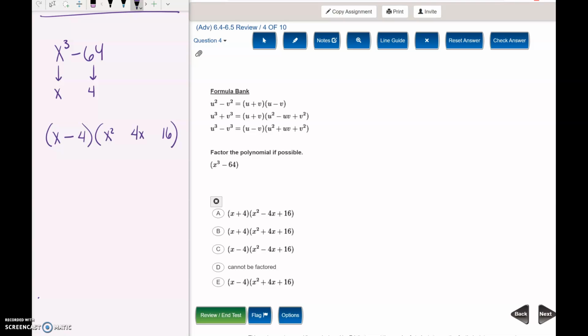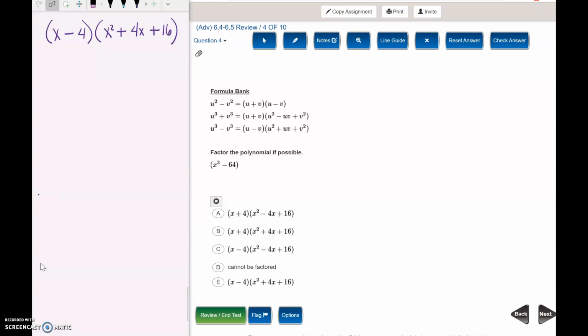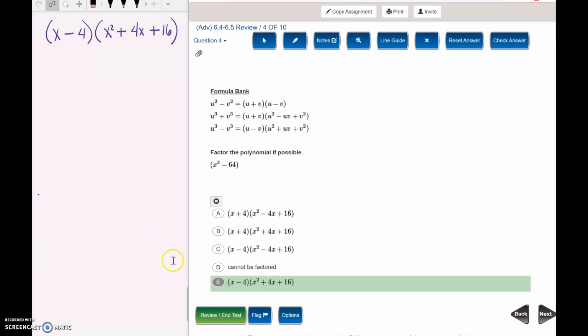The first symbol always matches what you started with. So since it's difference of two cubes, it's going to be x minus. The next symbol is the opposite, and the last symbol is always plus. So it's minus plus plus, which looks like this option. X minus 4, x squared plus 4x plus 16.